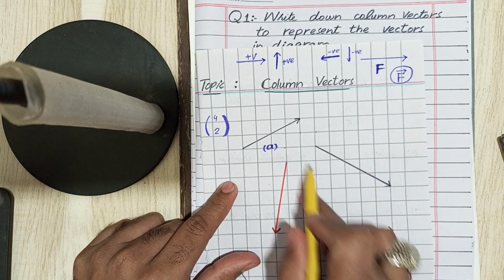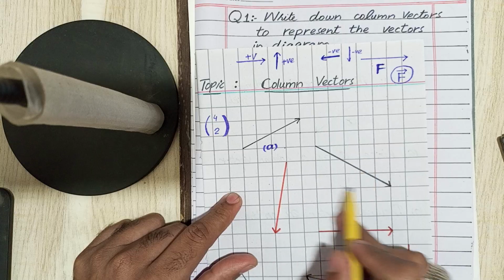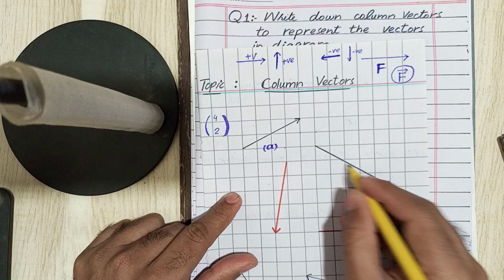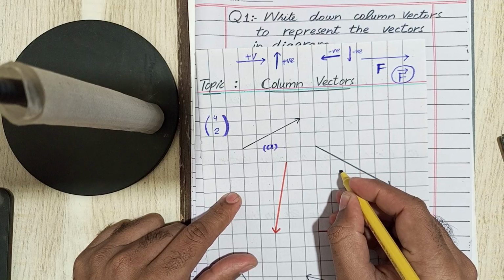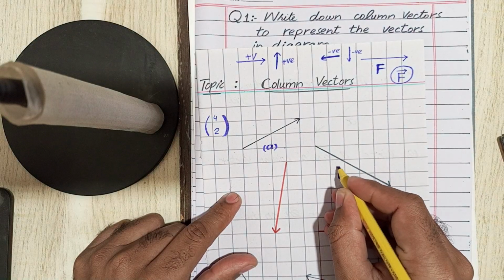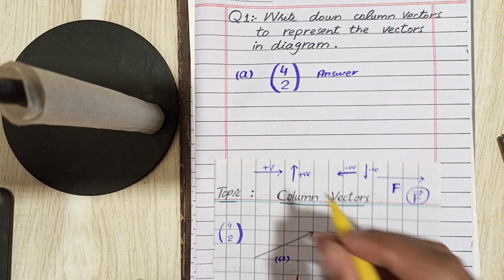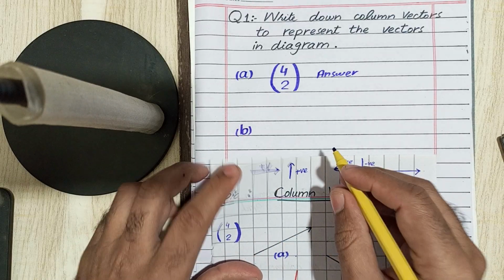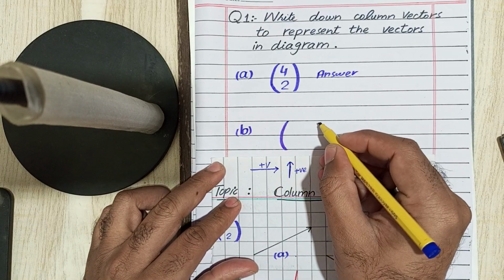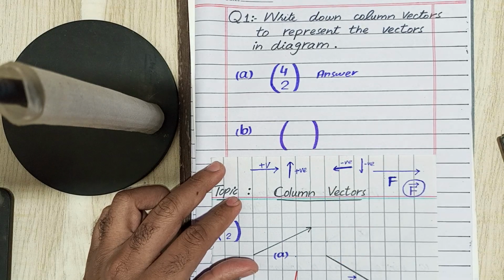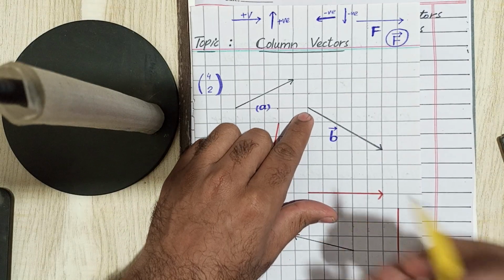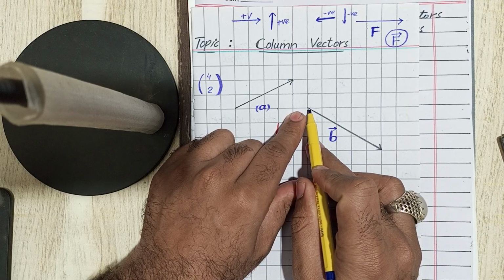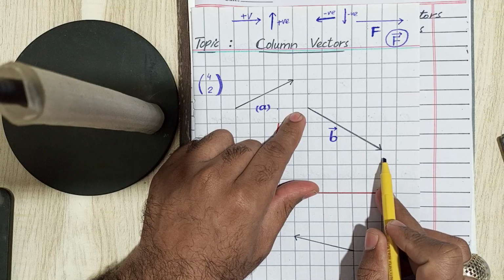Now in our next, we have another vector. Let's suppose this vector is represented by b. So we have this vector b, and here we write its column vector form. The direction of this vector is downward.